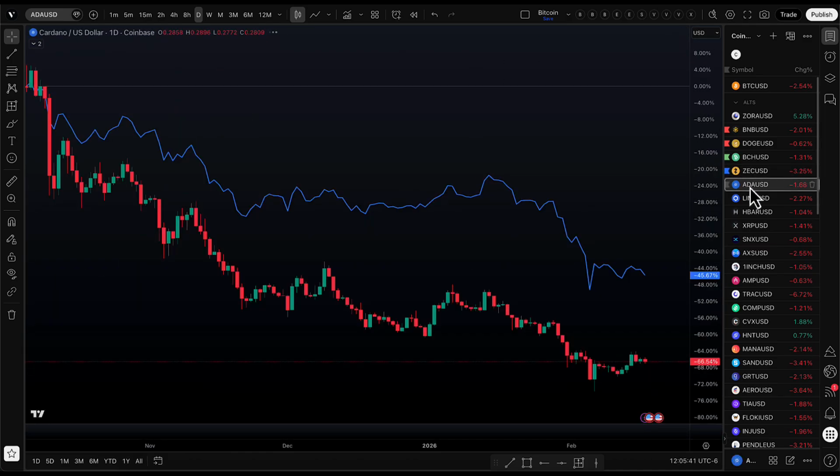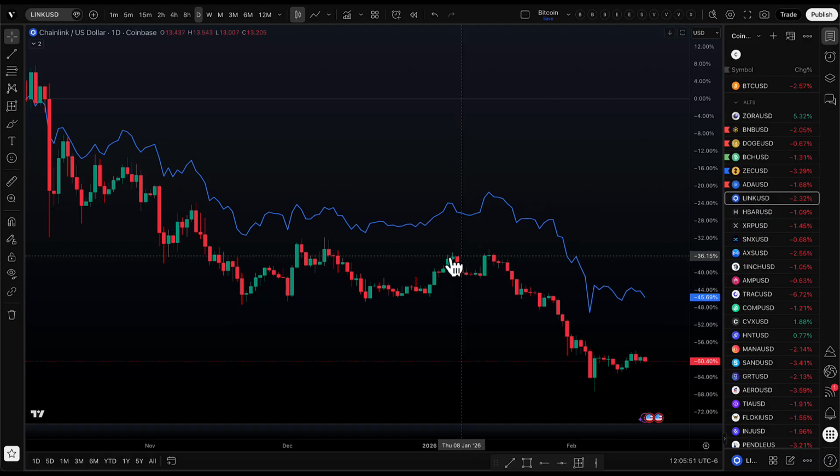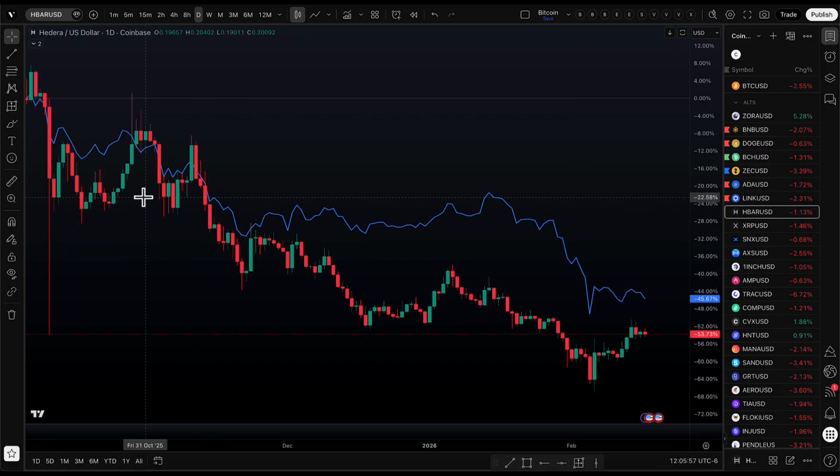Now, what about Cardano, ADA? What can we see here? ADA below the waterline on Bitcoin. A red for you. Now, how about Chainlink? Same action, a red for Link. HBAR, our beloved HBAR, a red for HBAR as well. We can see it tried getting there previously, but it didn't make the cut.